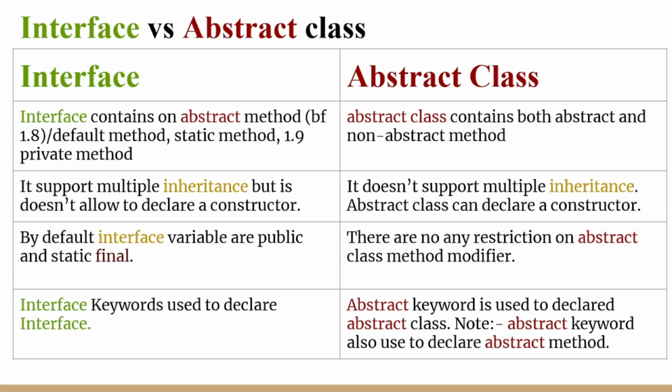An interface cannot have a constructor, but an abstract class can have a constructor. By default, interface members are public, static, final. In an abstract class there is no restriction: you can give private, public, any modifier.